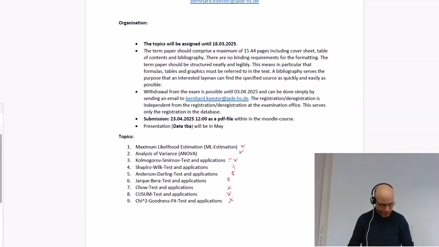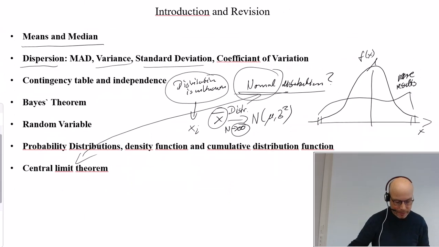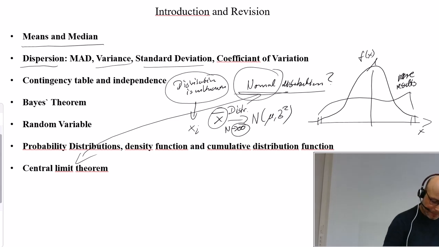So what is ordinary least squares? This looks like this.